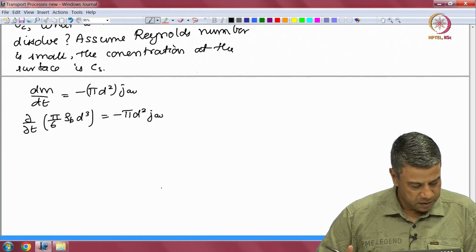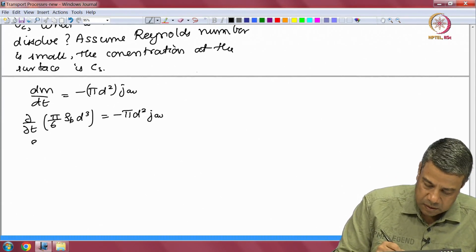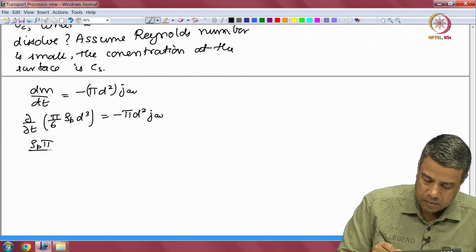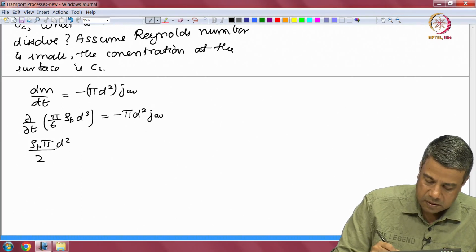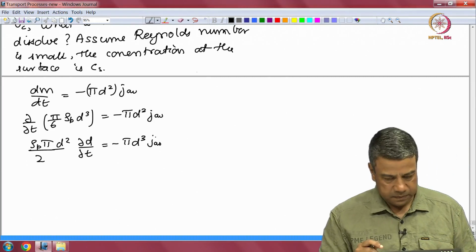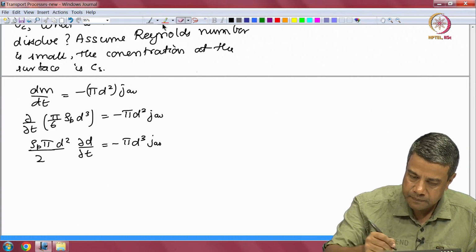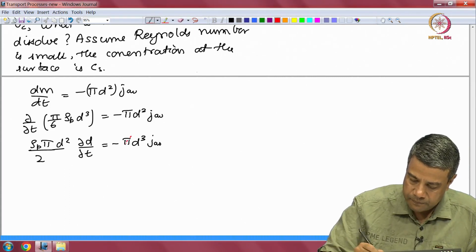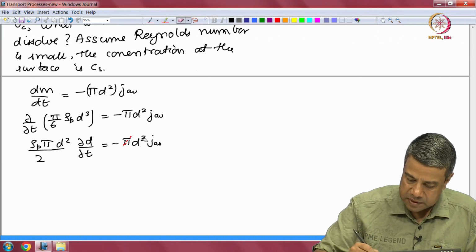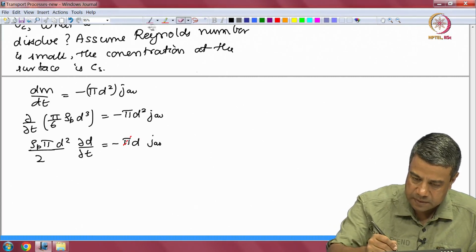Taking the derivative, I will get rho p pi by 2 d square partial d by partial t is equal to minus pi d cubed J average. Pi and d square cancel. My apologies here, this should be a square, the surface area, that is d square.